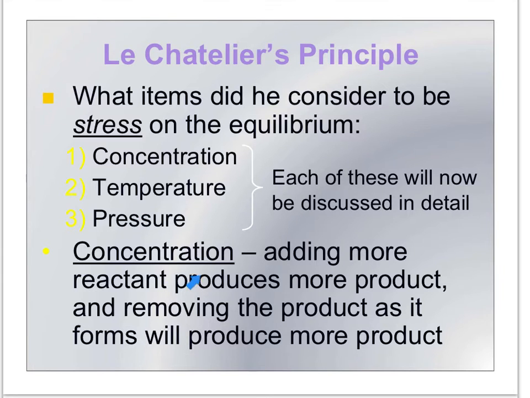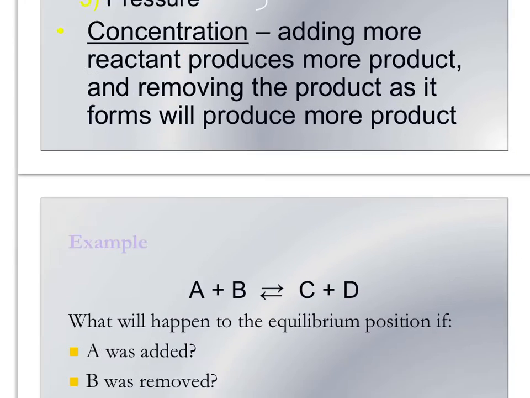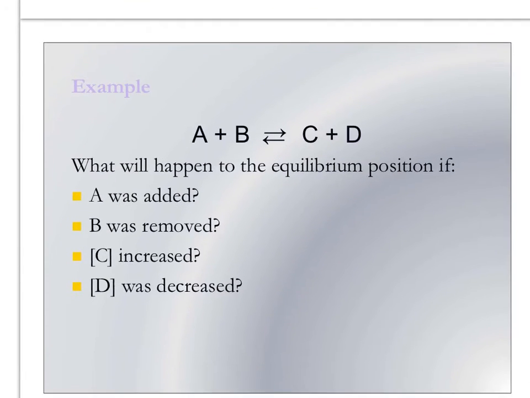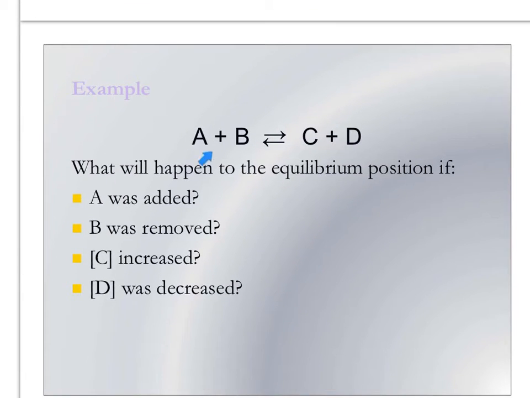So let's start with concentration. This says adding more reactant produces more product, and removing the product as it forms will produce more product. That's good and all, but that's kind of hard to visualize. So let's look at an example. I have A reacting with B to produce C and D.